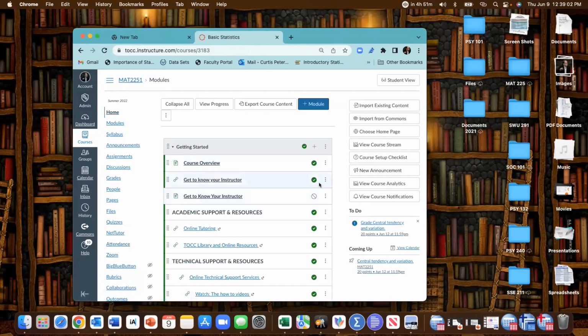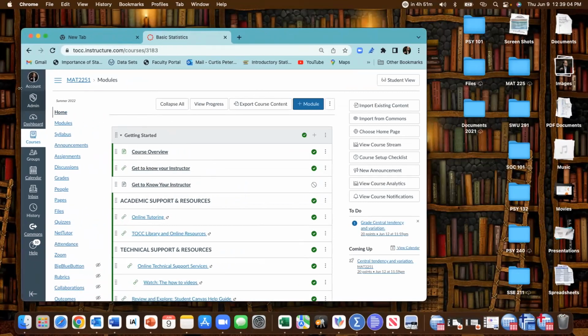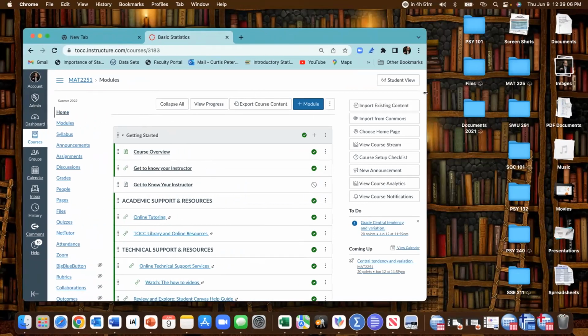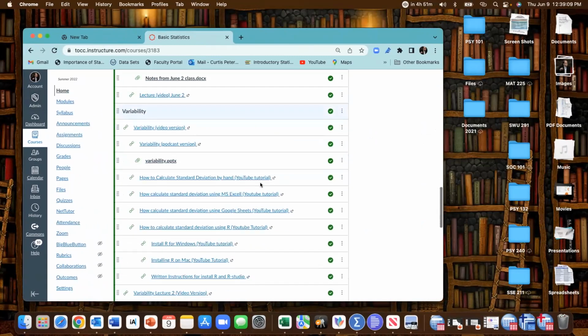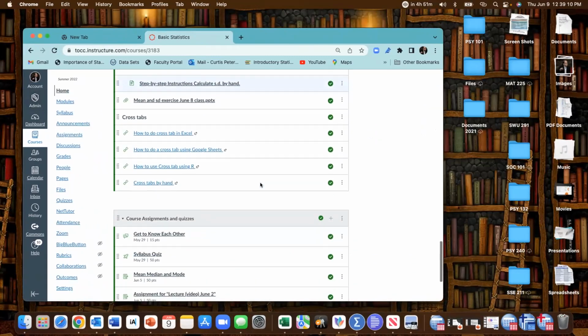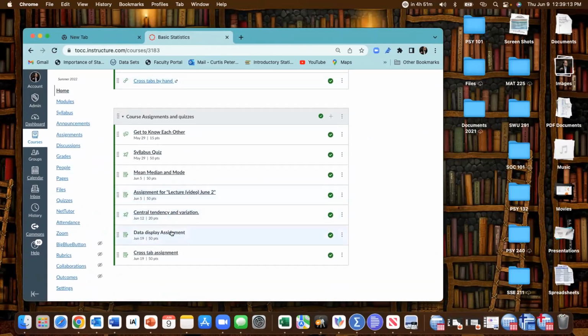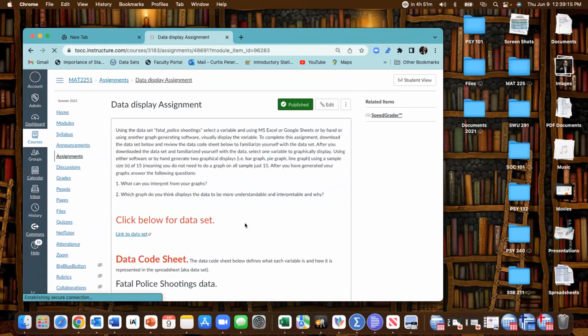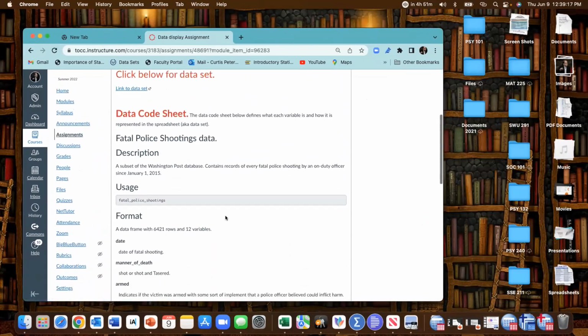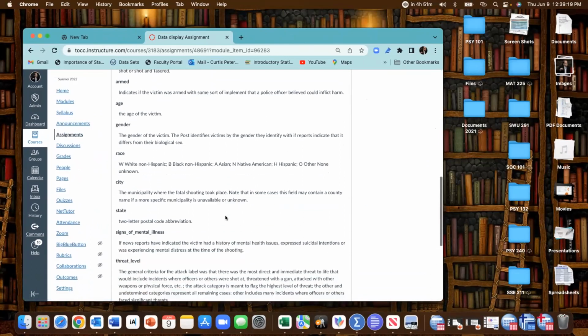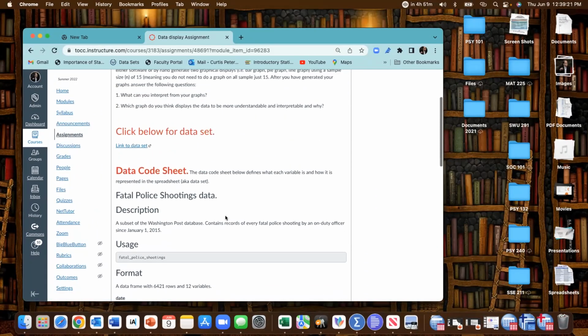All right, so your assignments, you have 2. Okay, they're going to use both the same data set. And so let's go over the data display assignment. And again, use this code sheet if you need to know what the variables are and remember their limitations.